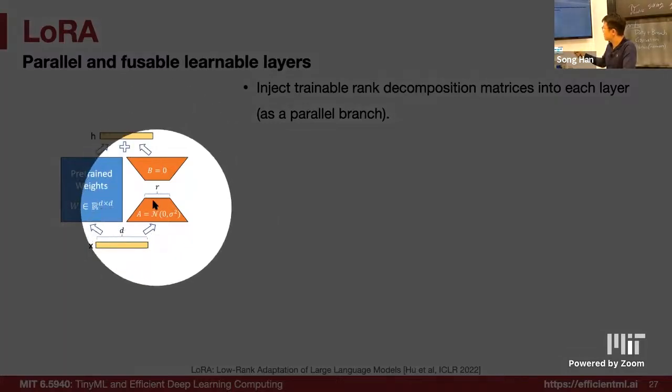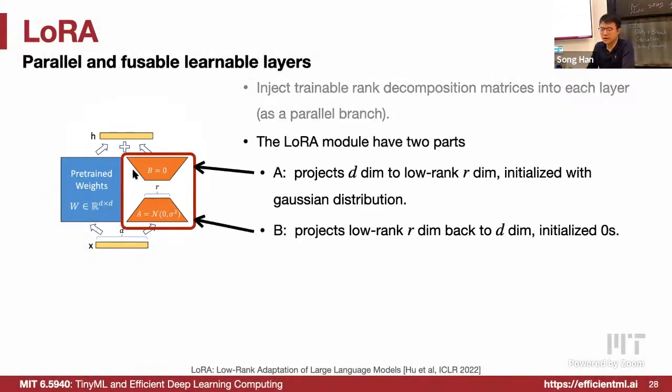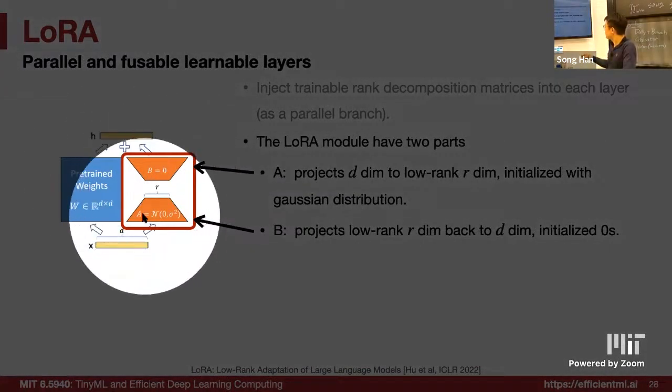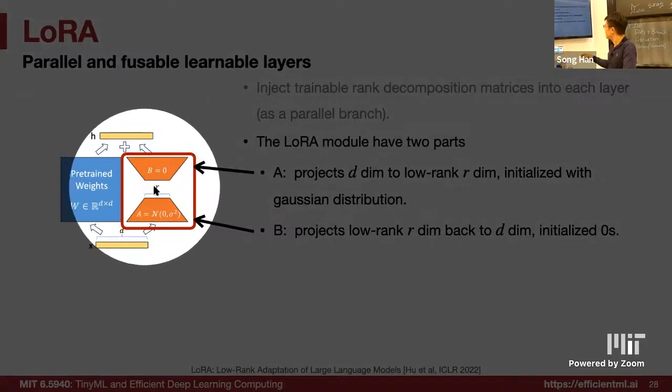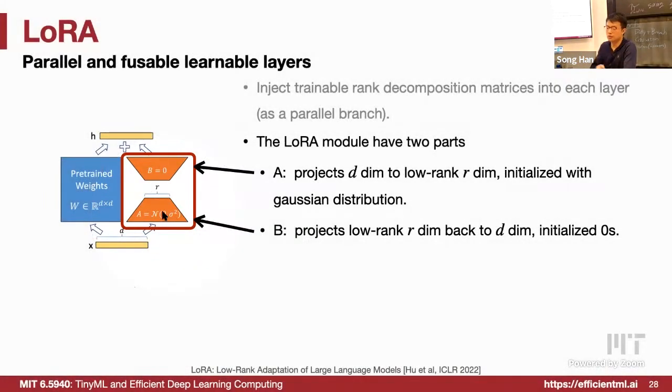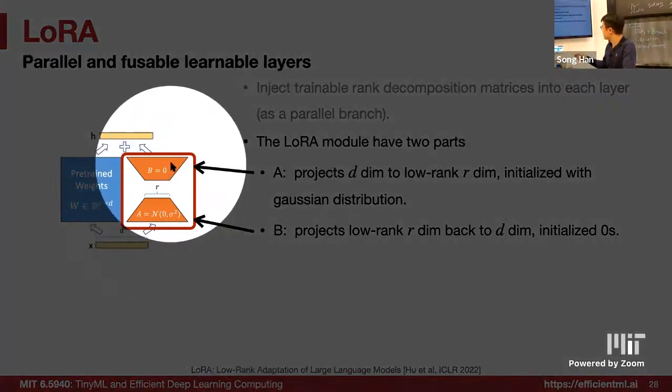Okay, so this is one FFN layer, this is another FFN layer as a parallel branch. The two parts in the FFN layer: one projects from the D dimension to a low rank R dimension. Okay, and this first part is initialized with a Gaussian distribution, and the second part is initialized with 0.